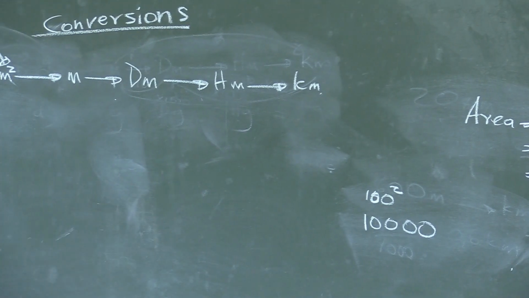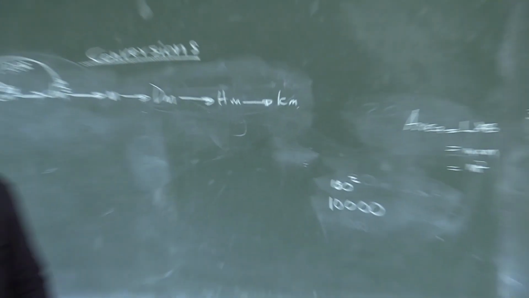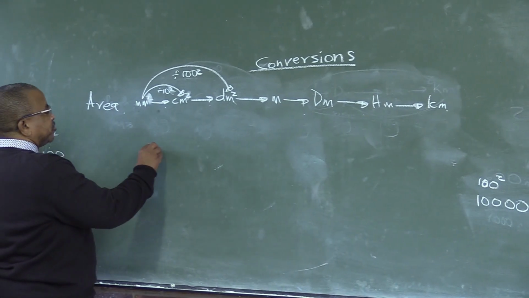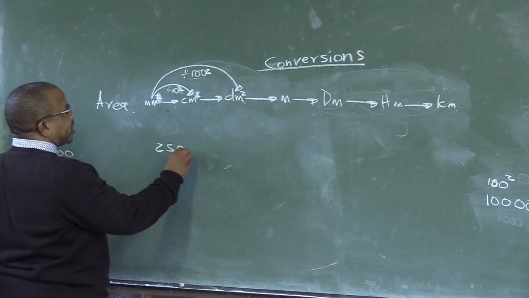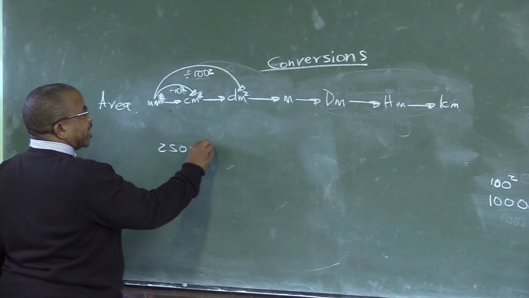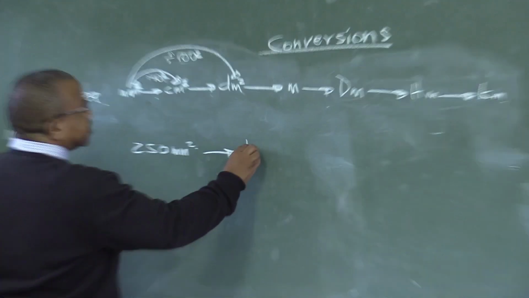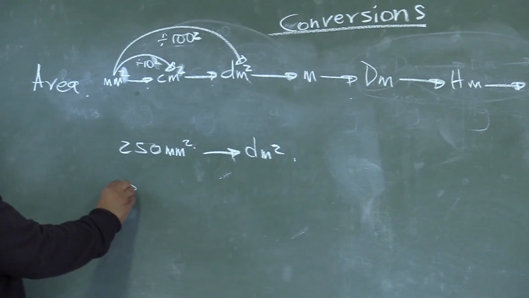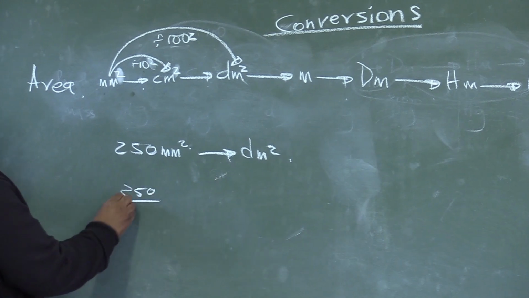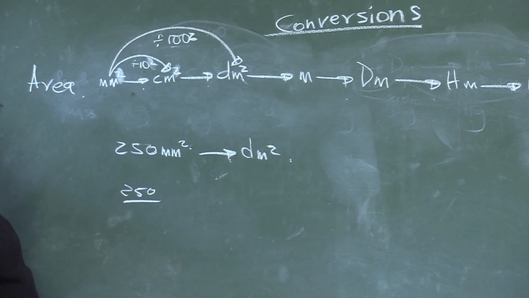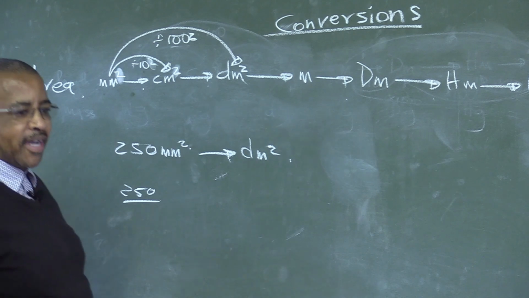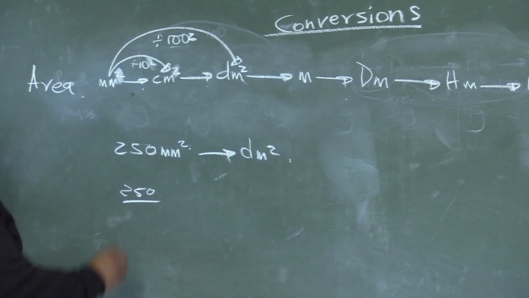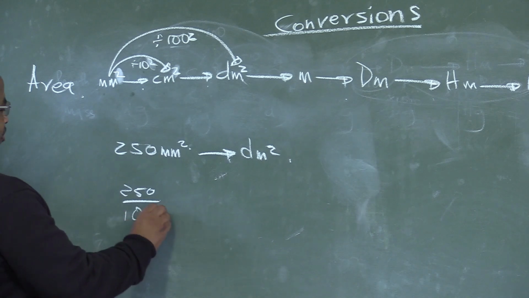If you are given 250 millimeter squared to decimeter squared, kuzoba yini? 250 divide by 10,000.